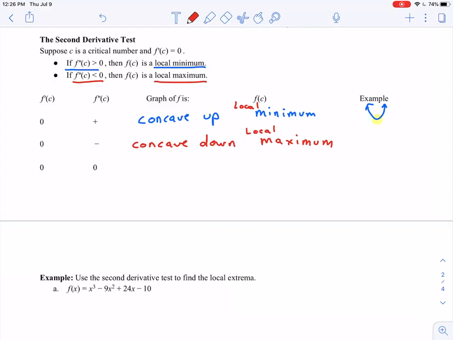So again, draw a picture of the graph which is concave downwards. Here's the graph of something which is concave down, and there we have our local maximum. It may be an absolute maximum, but we know at the very least, it's a local maximum.